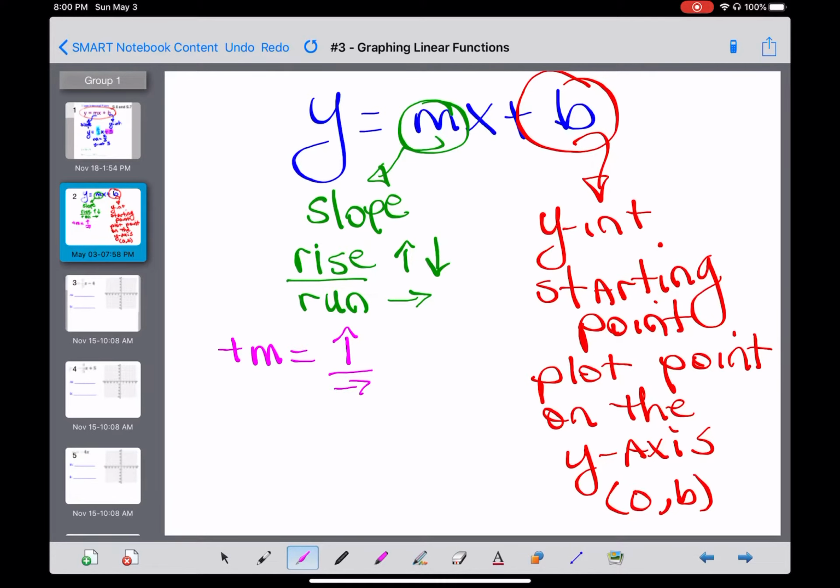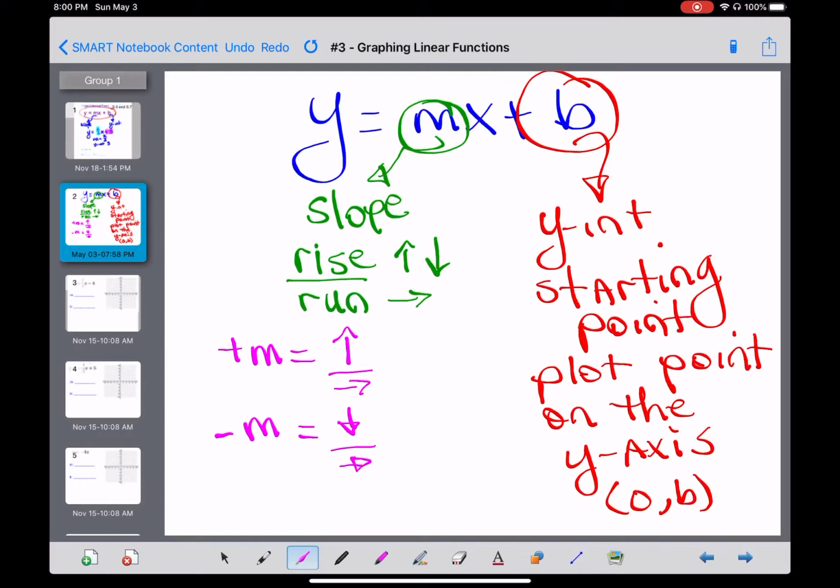If my slope is negative, that means I am going to go down and then go to the right. Okay, very simple.